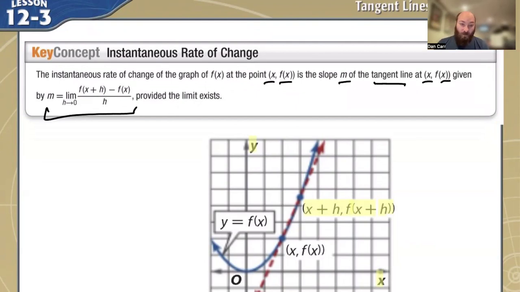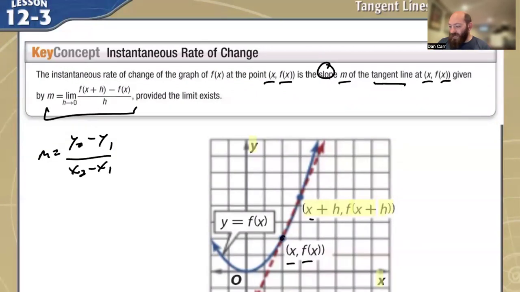So what does this formula mean? Well, remember we talk about slope here. Slope is y2 minus y1 over x2 minus x1. So if I'm given any point that's on the graph, like x, f of x, we find a second point, we're going to call it x plus h, f of x plus h. Instead of writing y2, I'm going to write f of x plus h, and instead of y1, we call it f of x.